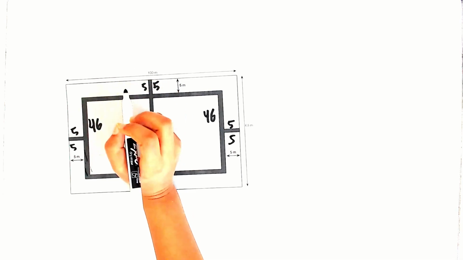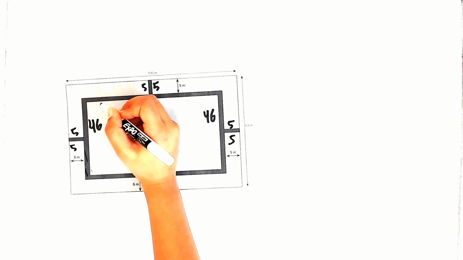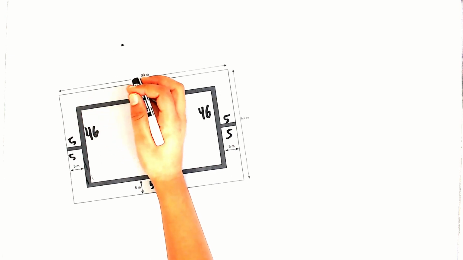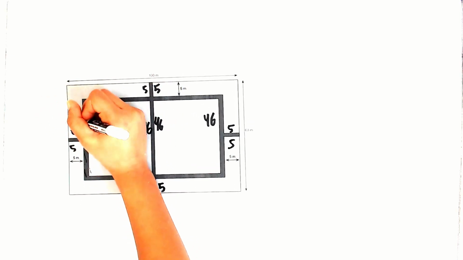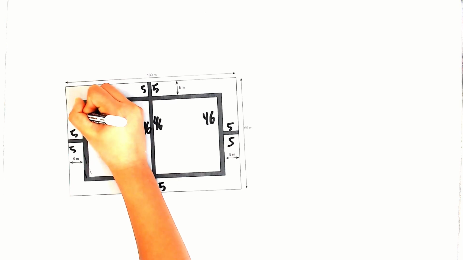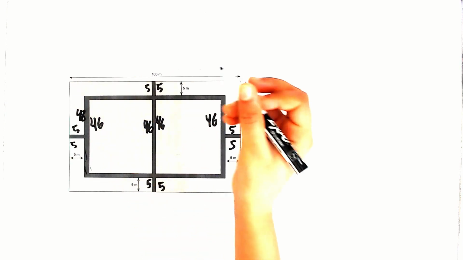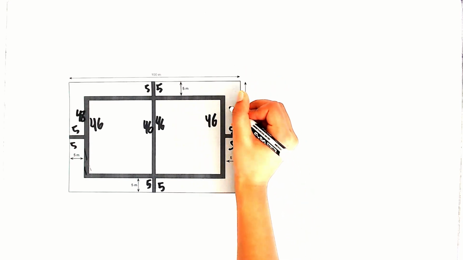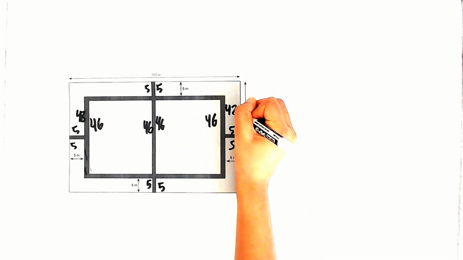So 46 plus 2 is 48, plus 2 is 50, and we have to minus this because you have to go in, right? So that would be 48. All of this is 48. And if this is 48, this would be 48 too. It's the same length.